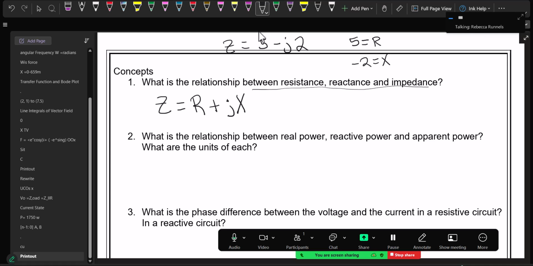What's the relationship between real power, reactive power, and apparent power? So which one is which? So I have S, Q, and P, and which is which? S is apparent power. Q is reactive power.